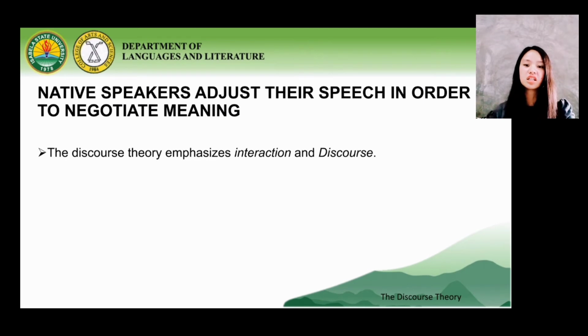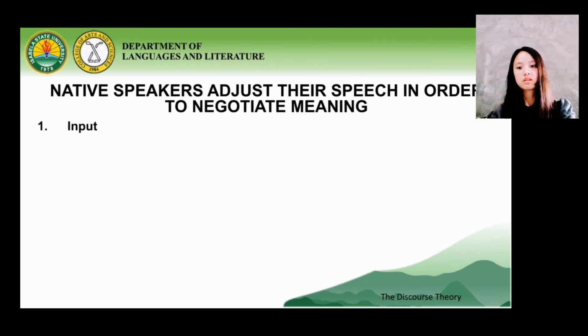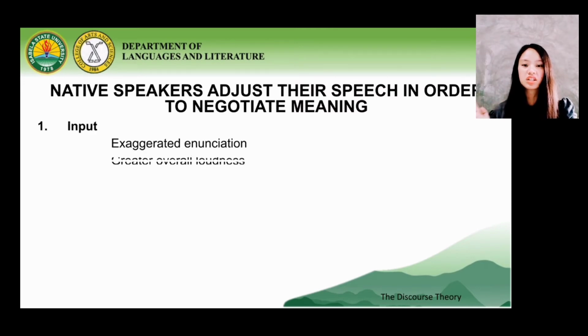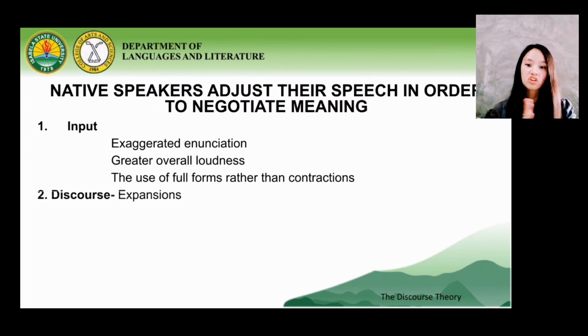So the discourse theory emphasizes interaction and discourse, and it is characterized by modifications in both input and discourse. So in input, it is exaggerated enunciation, the greater overall loudness, and the use of full forms rather than contractions.